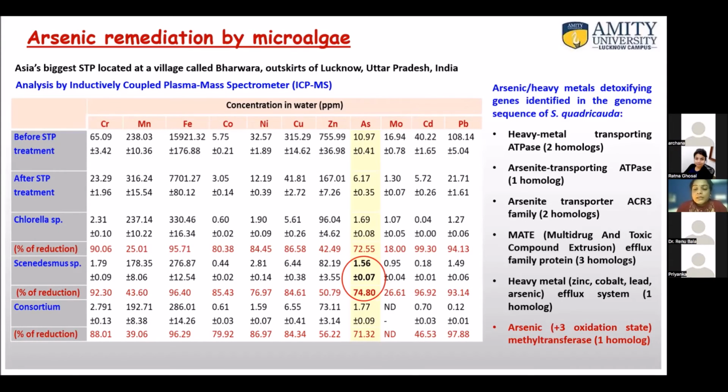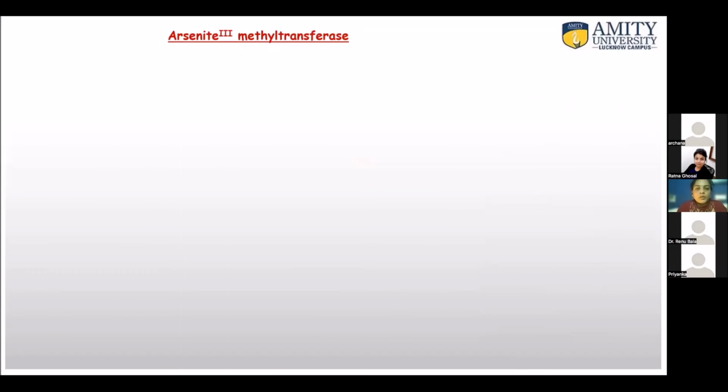This gene is very important for the methylation of arsenic species to make it less toxic, because after methylation, the arsenic species will be less toxic than the inorganic forms.